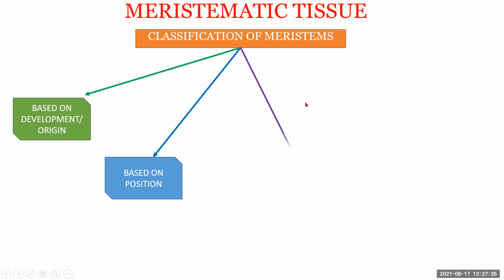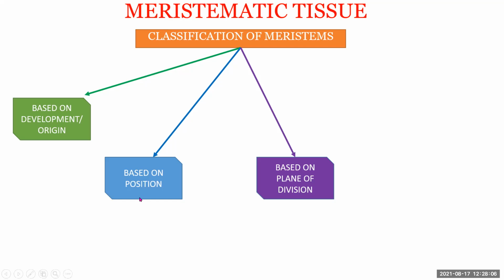And the third criterion is the plane of division, and what is the position of the plane of division when compared to the axis. This is also a very important criterion which was considered to classify the meristems.